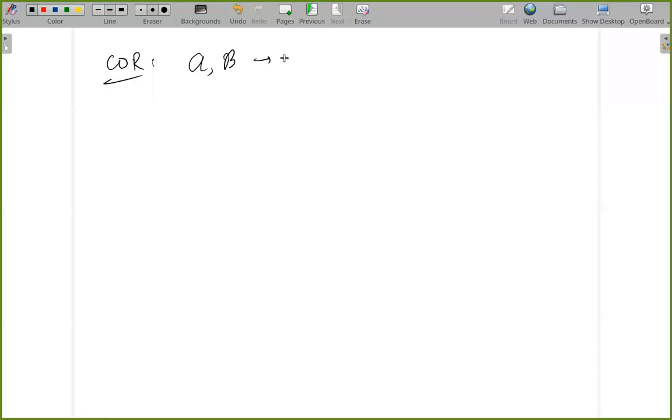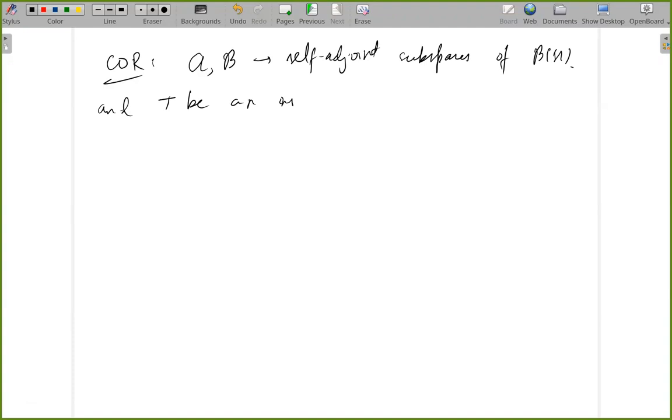Let A, B be self-adjoint subspaces of B(H), and let T be an invertible operator, so we'll be using the polar decomposition theorem, such that it implements a similarity between A and B. So there is a T such that as sets you have this similarity. Then actually there are many unitaries which will implement this similarity between A and B.